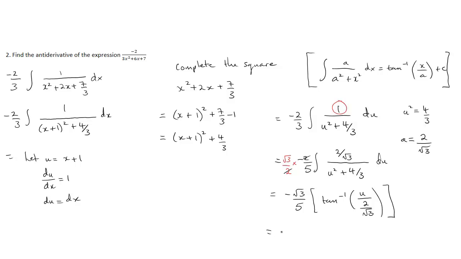Okay, so negative square root of 3 over 5, tan inverse of square root of 3 over 2 times u. Now u in this case is just going to be x plus 1.